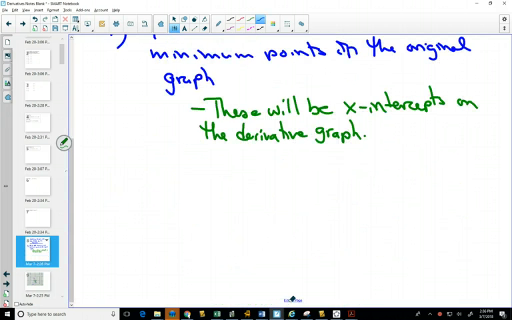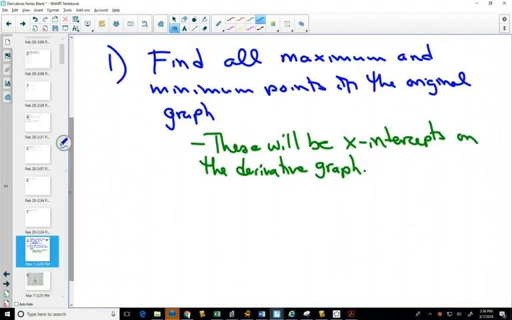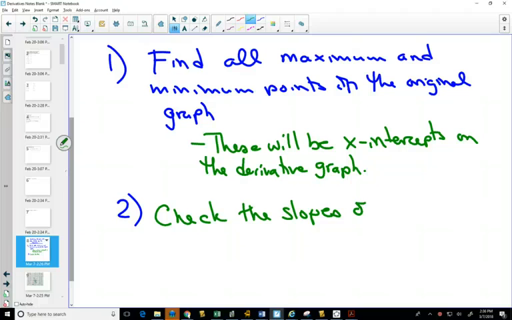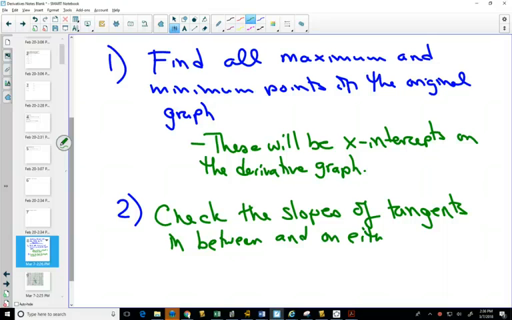So what we're doing right now as a step 2 is we're checking the slopes of tangents in between and on either side.